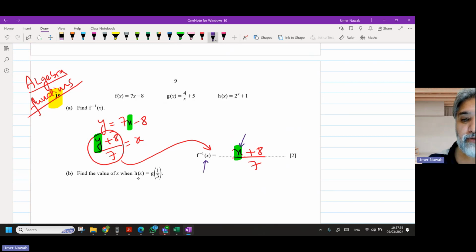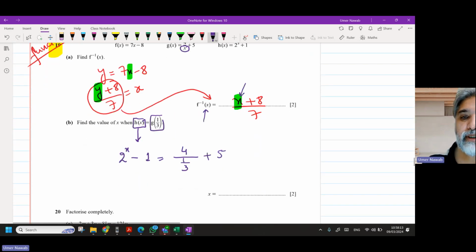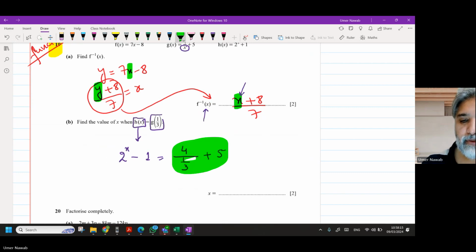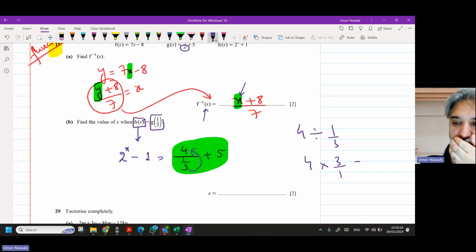Next, b part, h of x, which is given to me as 2 raised to the power x minus 1. And what is g of 1 over 3? So 4 over, in the place of x, substitute 1 over 3, plus 5. You may use a calculator to convert it, although I know this 3 will go up and become 12, because 4 divided by 1 over 3 can be written as 3 over 1, which is equal to 12.